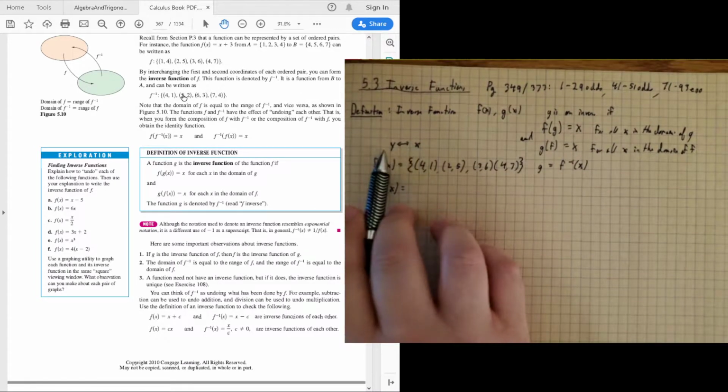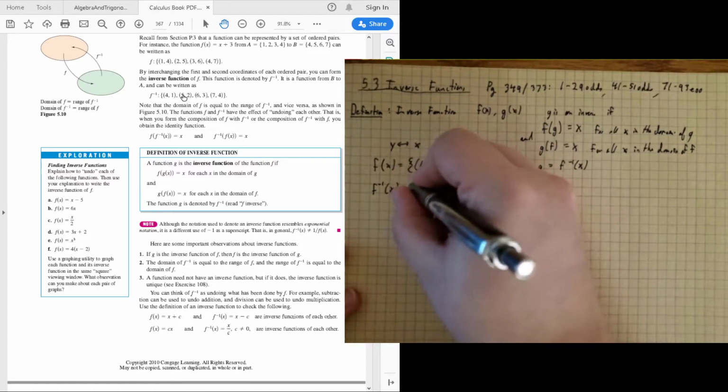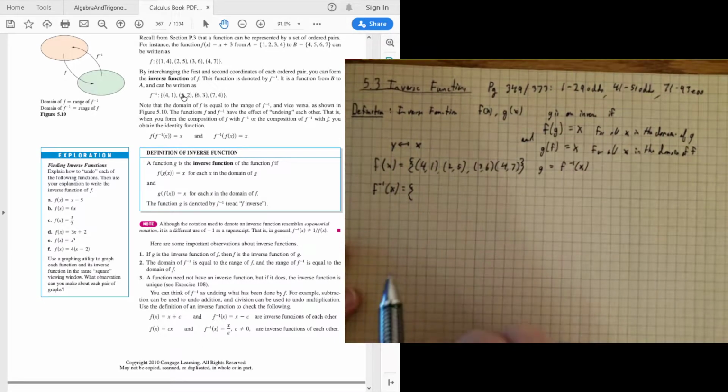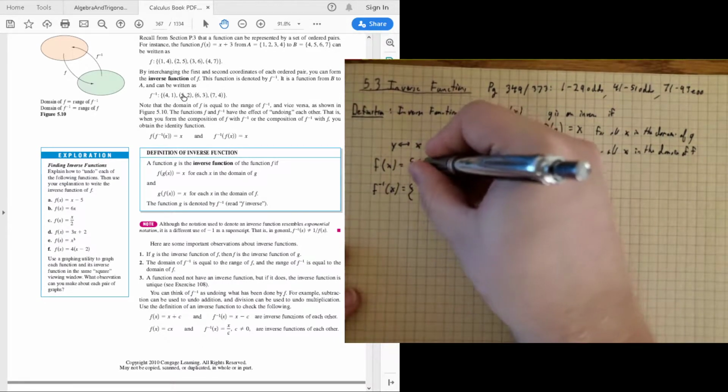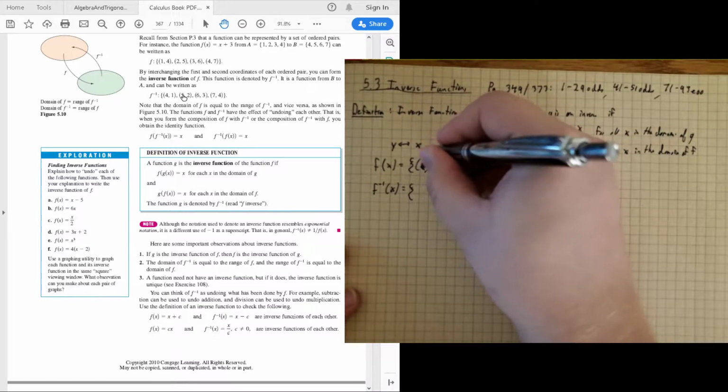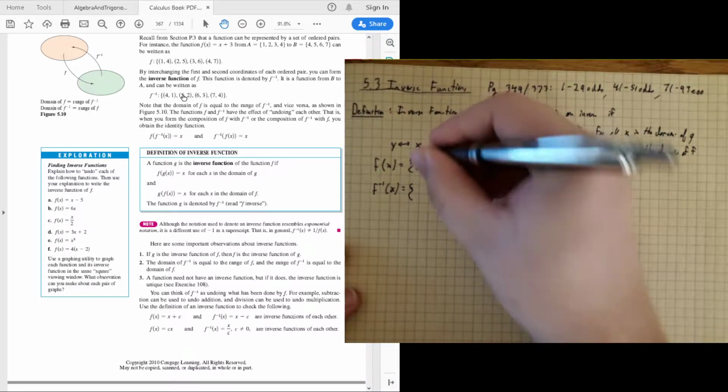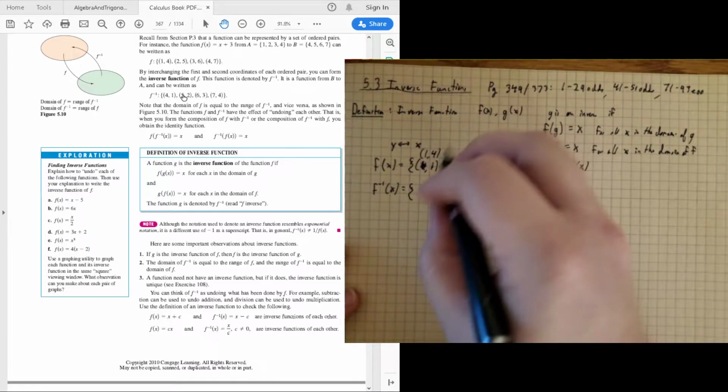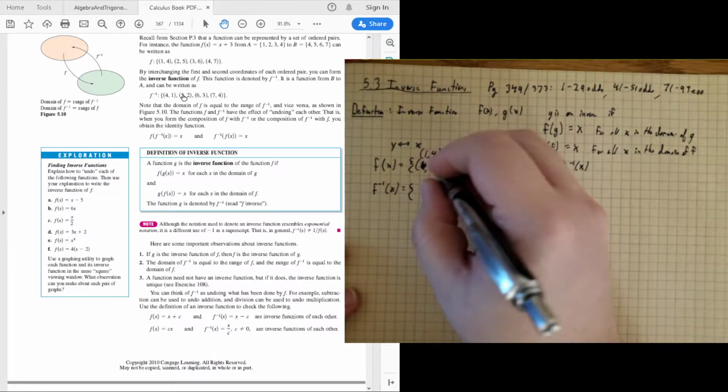So x becomes y and y becomes x. If we want to match the book perfectly, this should be 1, 4. Oopsie. So every x and every y would interchange.